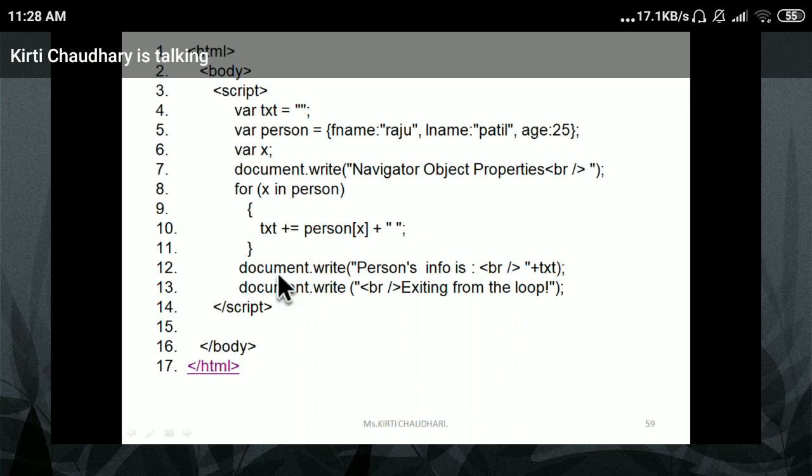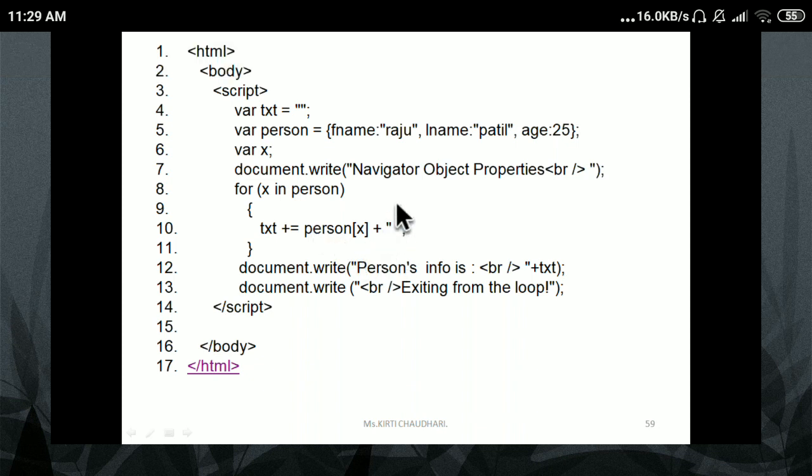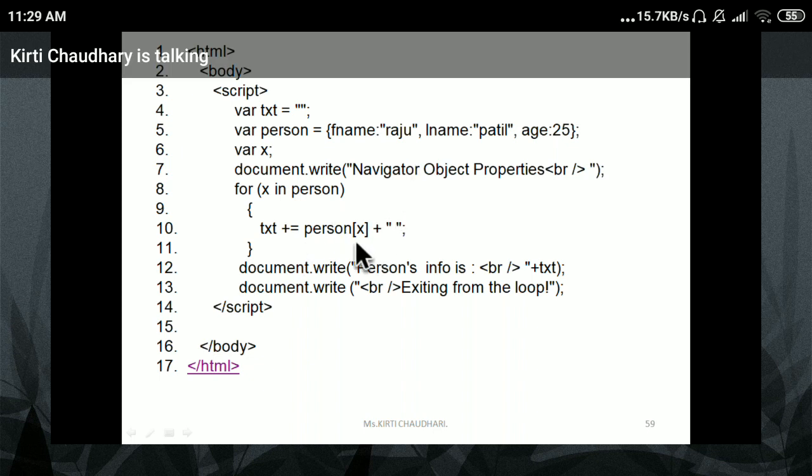So how to do it? Text plus equal person in bracket x plus space. I will take the first value, so person x, that is Raju. Then added with the next value, and then the next value, 25.